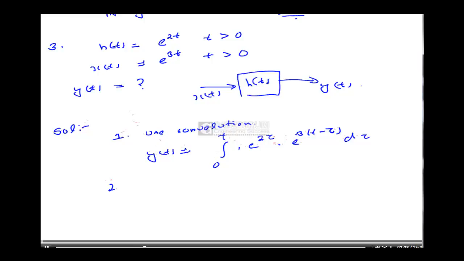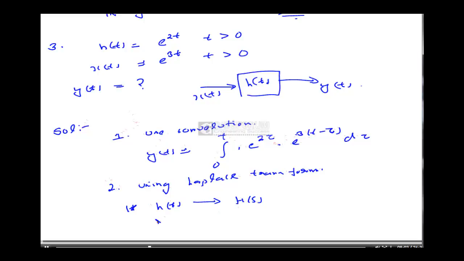Another way of solving this problem is using the Laplace transform. First, find the Laplace transform of h(t), which is H(s).